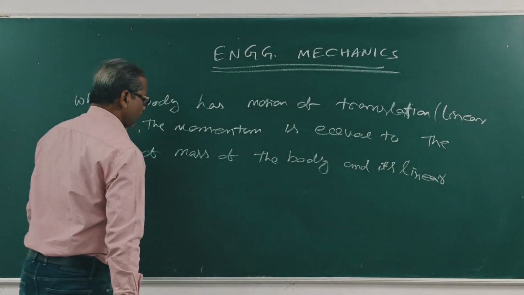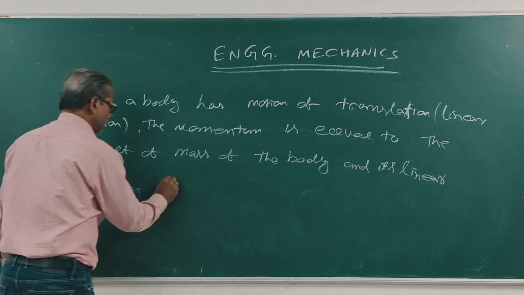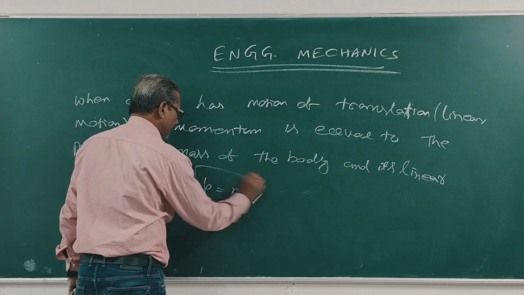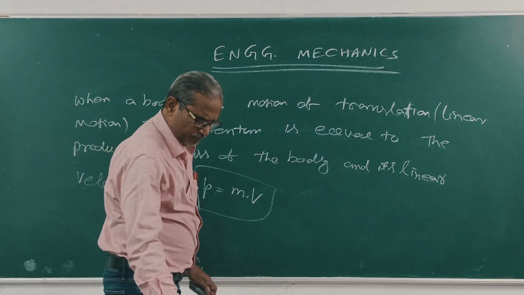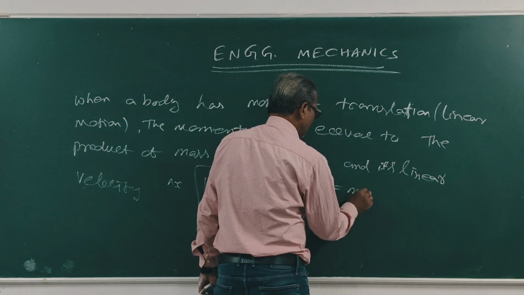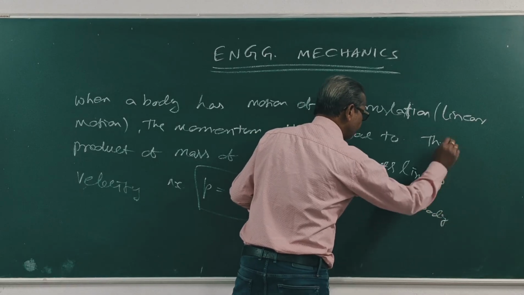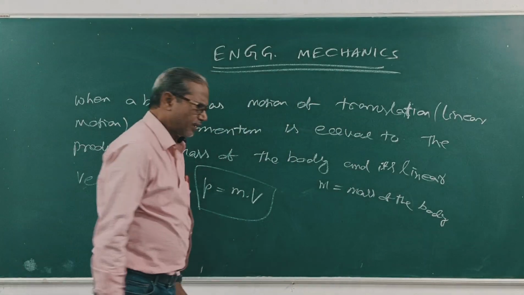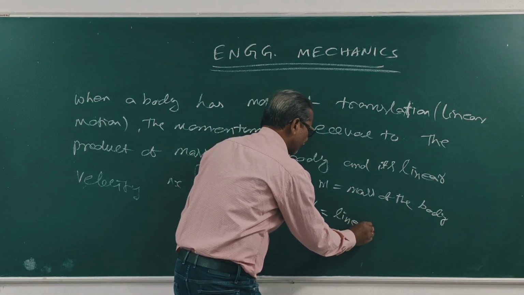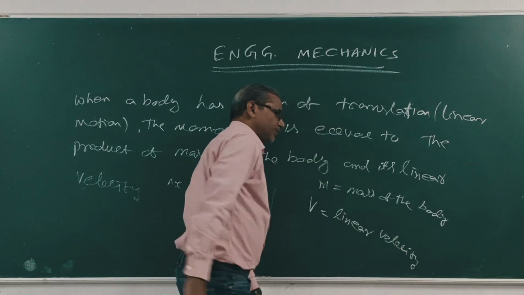That is, momentum P is equal to m into v, where m is equal to the mass of the body and v is equal to its linear velocity. Right?